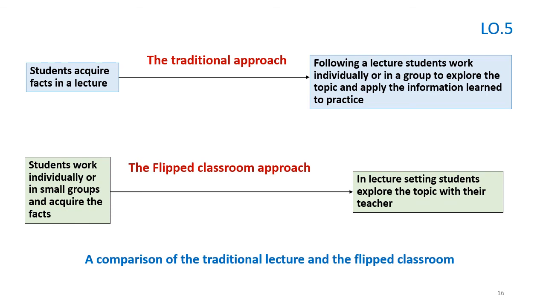In the traditional approach, following a lecture, students work individually or in a group to explore the topic and apply the information learned to practice. In a flipped classroom approach, students work individually or in small groups to acquire the facts. Then, in the lecture setting, students explore the topic with their teacher.